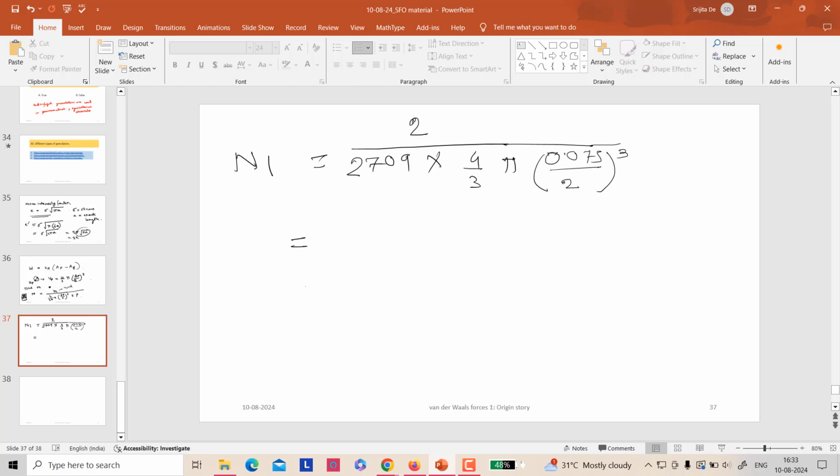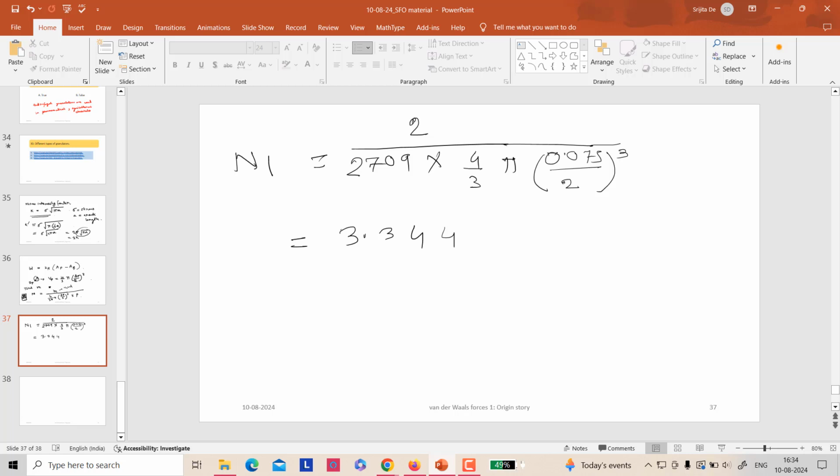How much is it? So you calculate and check, but it is 3.344 almost. This is the number of feed particles.